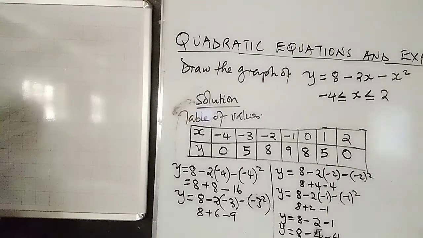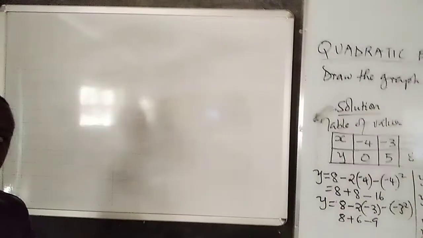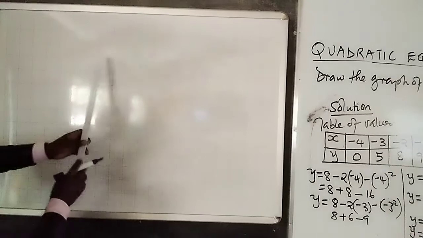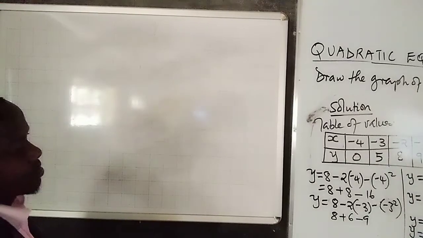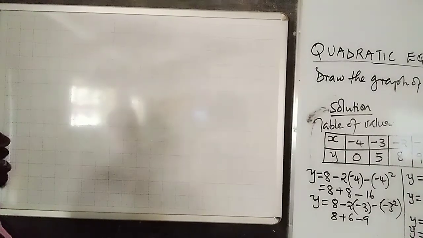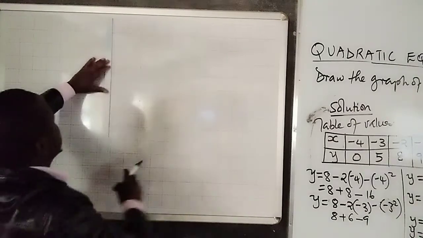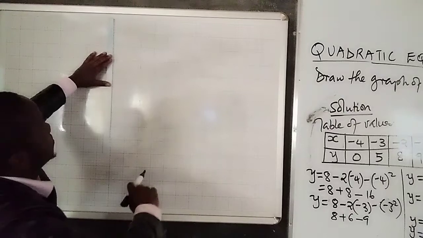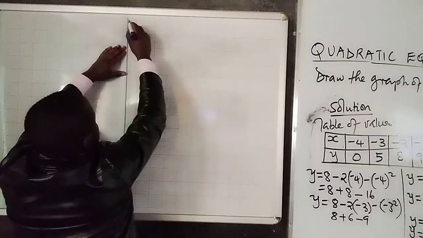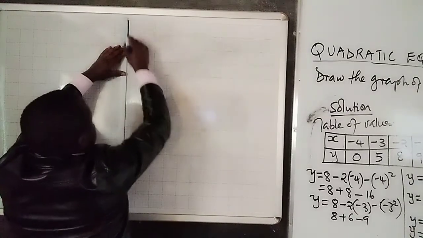Let's now plot the points on a Cartesian plane or on a graph page. So we will have the values of y, the highest being a 9, meaning we need a bigger part of the y coordinates being positive.